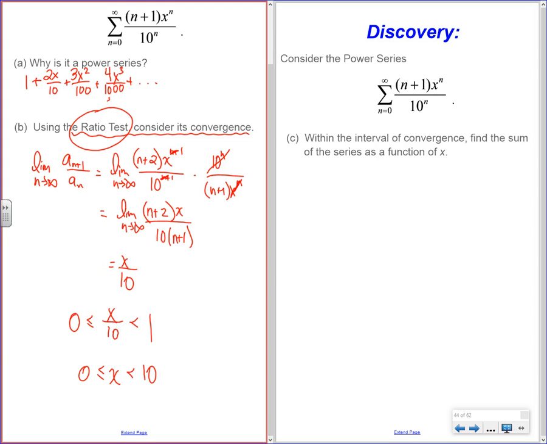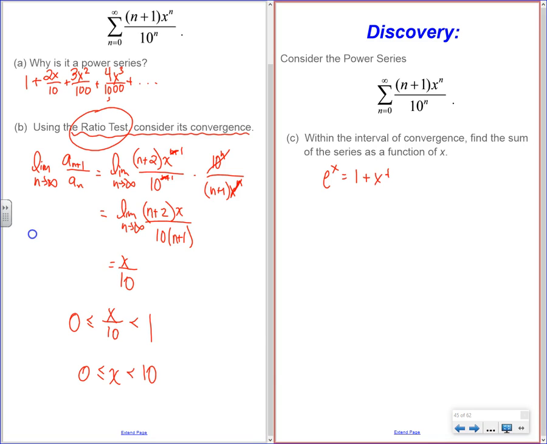Well, it's 10 to the n on the bottom. So if we were thinking e to the x times n over 10 to the n, but we want it as a function of x. We don't want n's in there at all. We have factorial for e to the x, so it should be 2 x squared over 2 factorial. I just forgot to write it. I don't know why. Achilles heel.